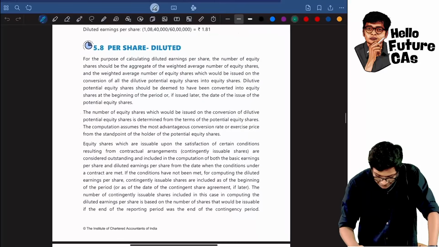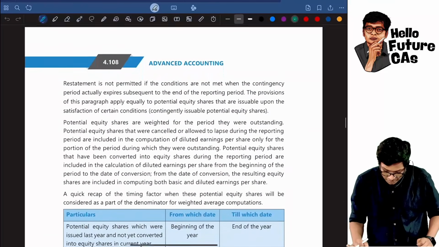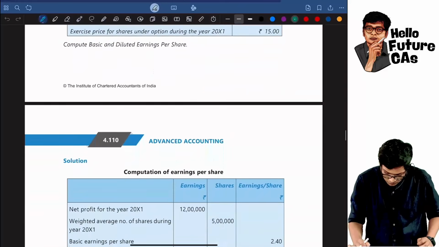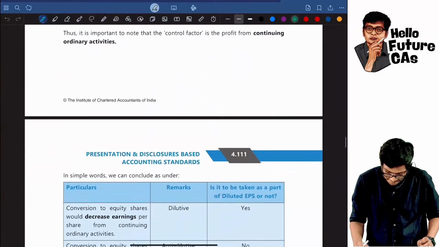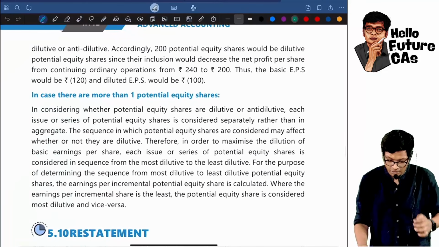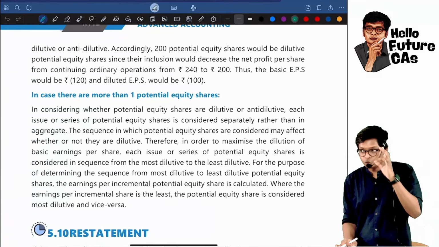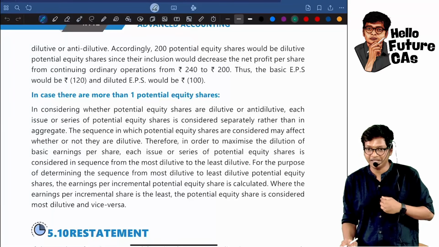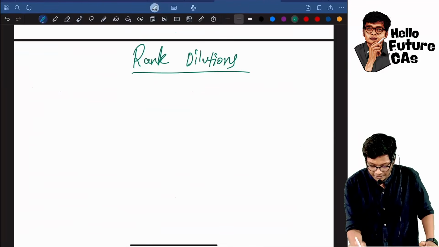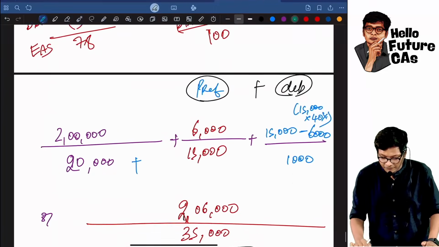If I go to diluted EPS itself, in study mat, I will show you where it is. Look at this paragraph, there is no sum in study mat where we have questions. Listen.